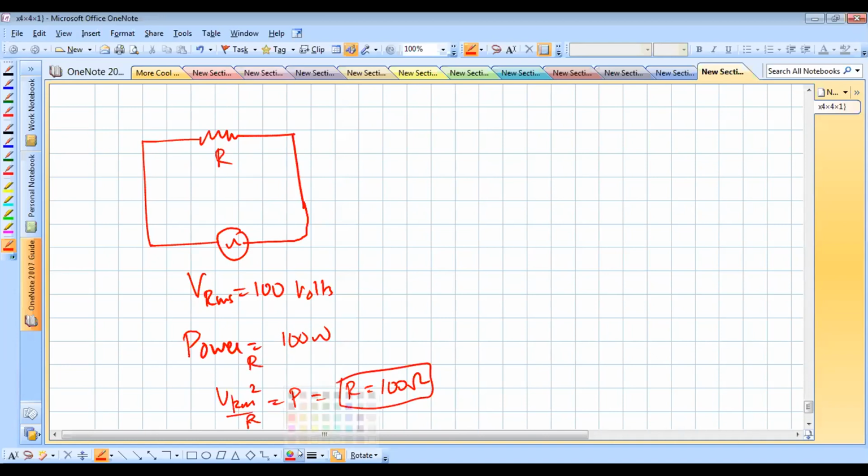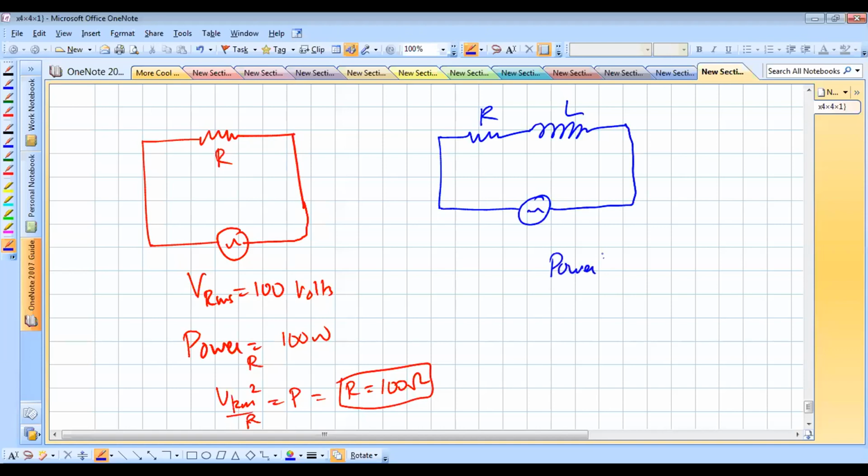Now next up, what you're doing is you're connecting this in series with an inductor, so that the power consumed by the resistor is still going to be 100 watts.